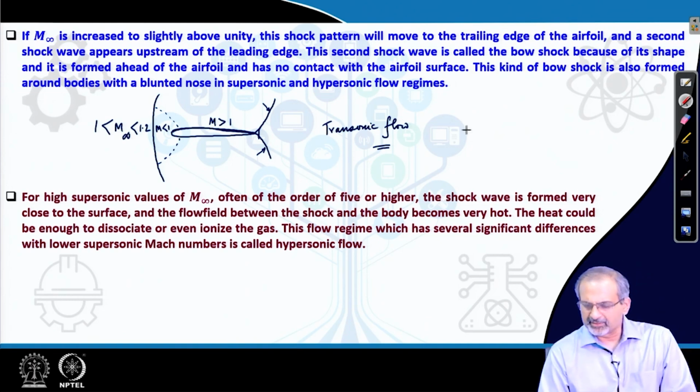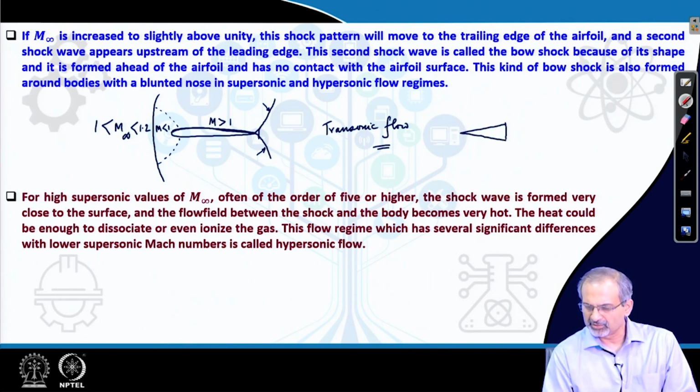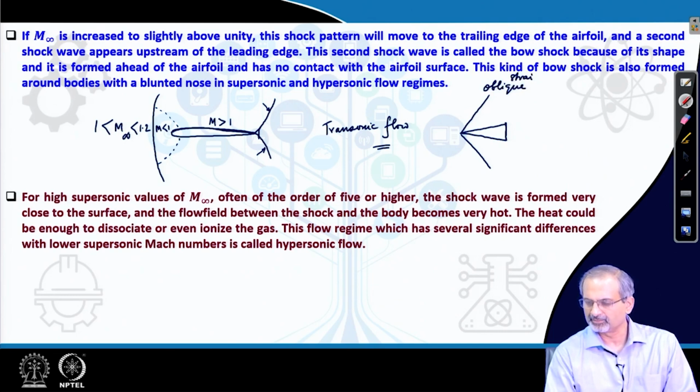If you were to insert a sharper body into this supersonic flow, then what would you see? A sharp nose body, then you will see a feature like this, an attached straight oblique shock, and this would end up producing lesser wave drag.